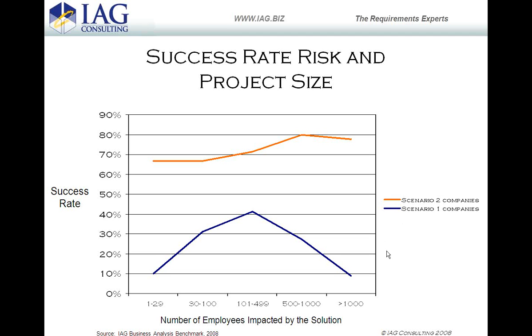On the bigger ones, what happens is you've got a set of projects which is bipolar. If you have a very low number of stakeholders or a very, very high number of stakeholders, you tend to have very high failure rates. And that blew me away. I looked at that and said, what is going on with this? That doesn't make a lot of sense.